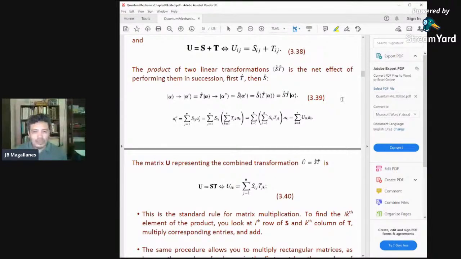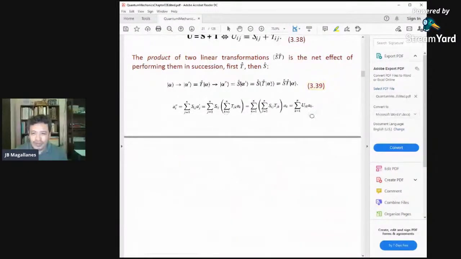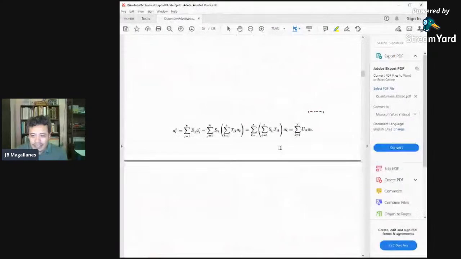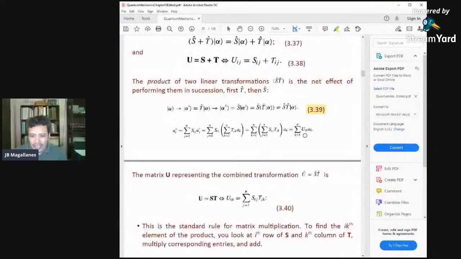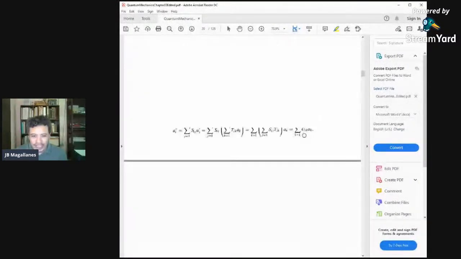And if you transform that into alpha double prime, which is just s hat times alpha prime, that's equal to s hat times t hat on alpha. So that's just equal to this equation. Therefore, S T in this case is represented by uik, where Sij tjk is represented by uik.